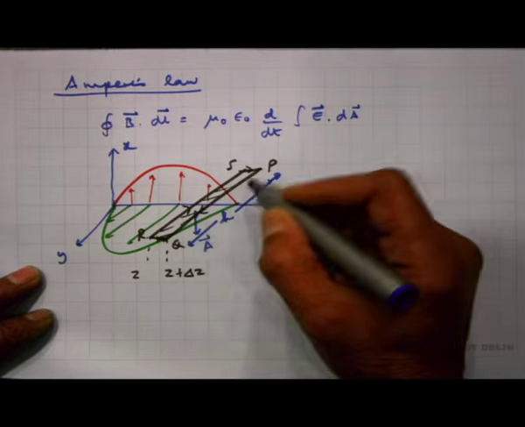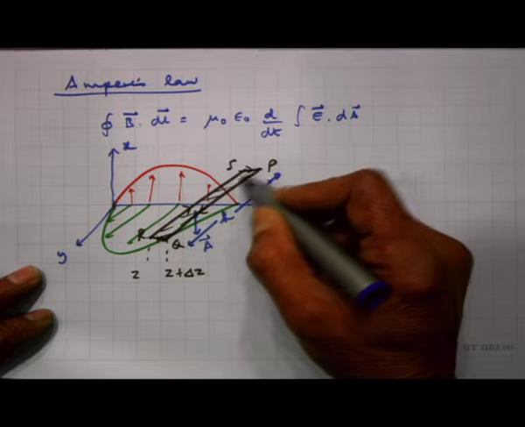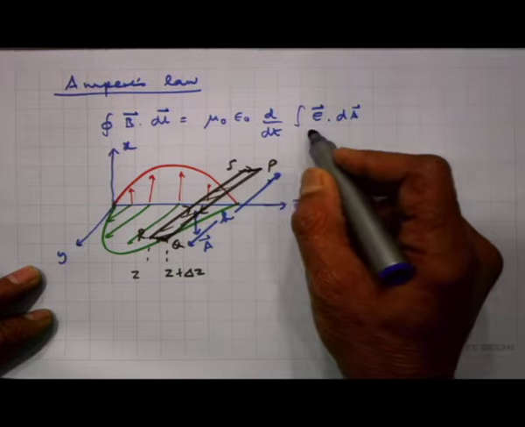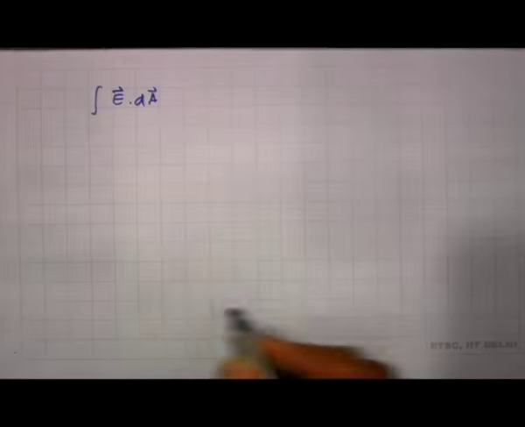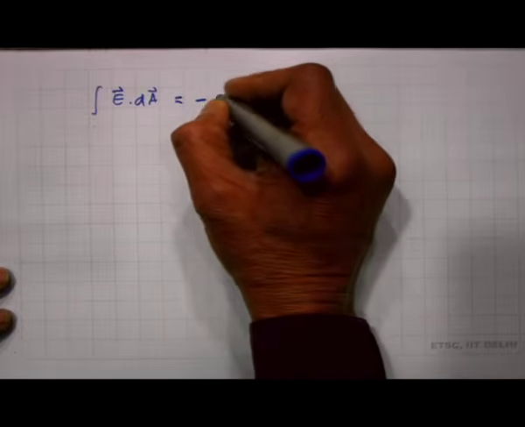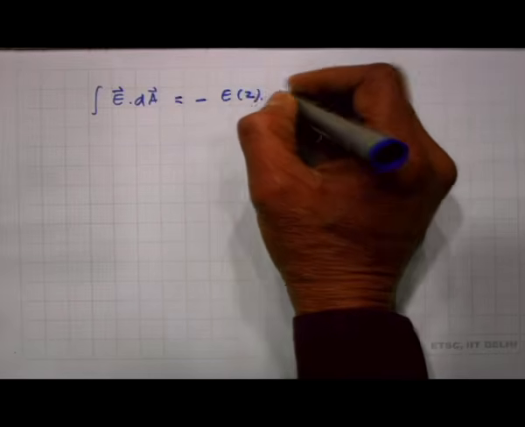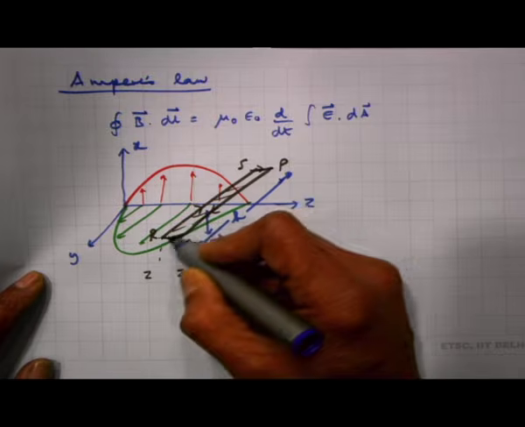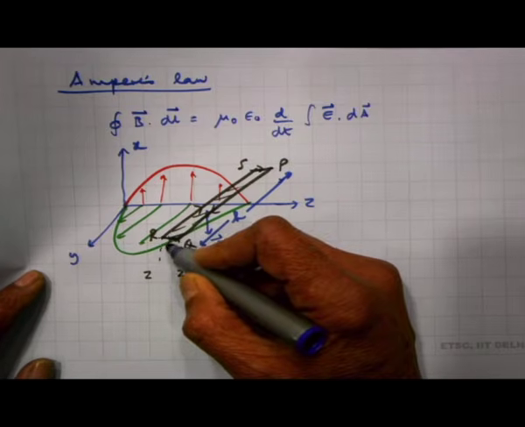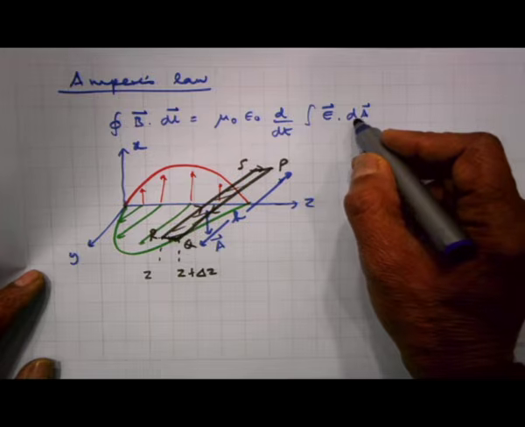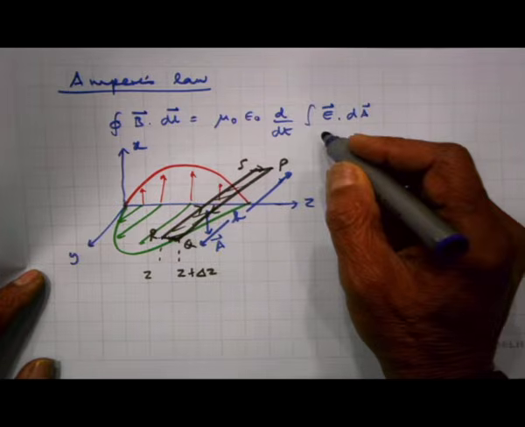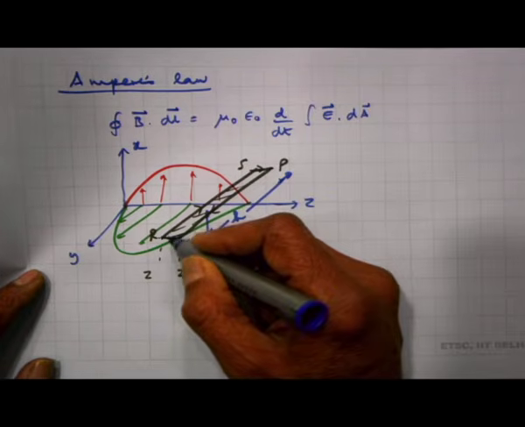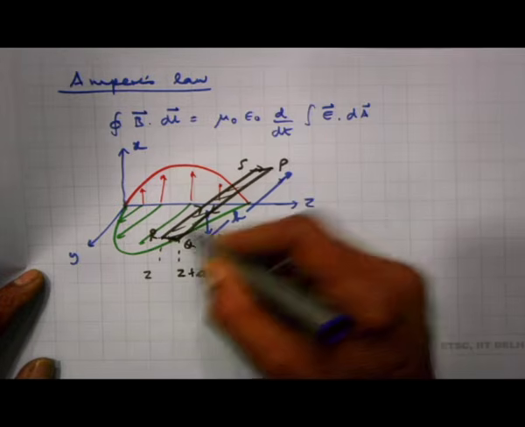Now, again as before, I am going to assume that the electric field is almost constant within the area of this loop. So, this integral will simply be electric field at this point multiplied by the area of the loop. So, this is equal to minus of E of z into area of the loop, which is h delta z. So, E dot dA is minus E dA, because area is pointing downward, electric field is pointing upward, and electric field at this point is approximately E of z multiplied by area, which is h times delta z.